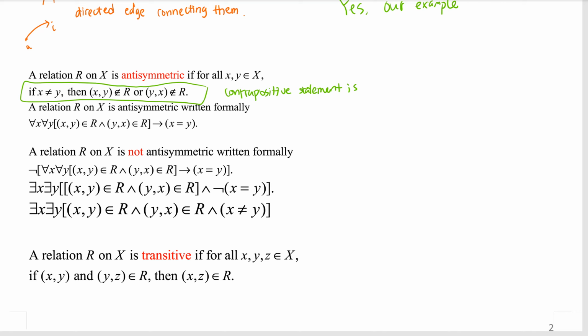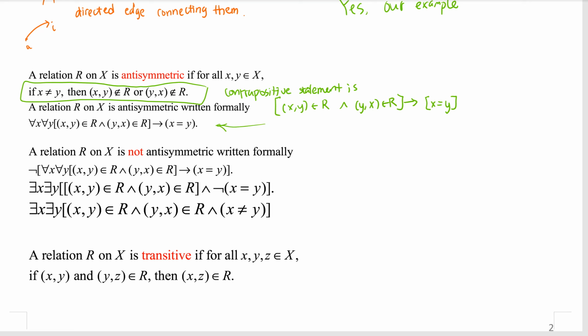We get not Q implies not P. Not Q is (x,y) in R, but because it's an or, it becomes an and, (y,x) in R. So this is not Q, and this implies not P, which is x equals y. So this is exactly what we have here.